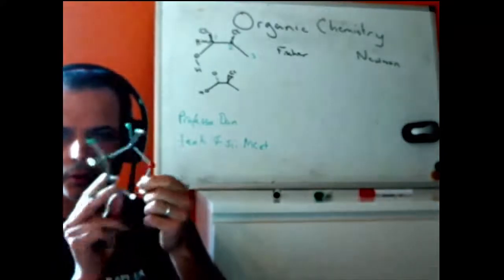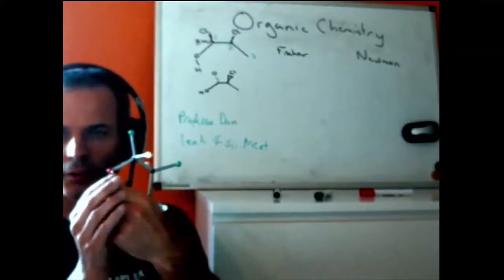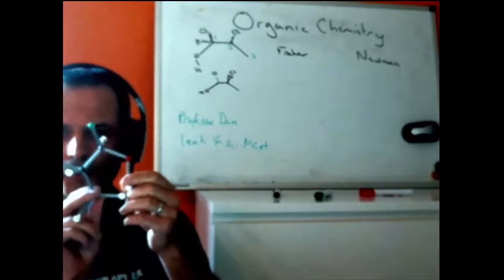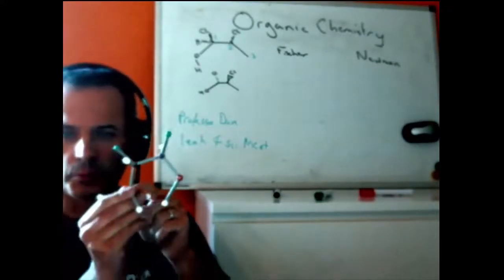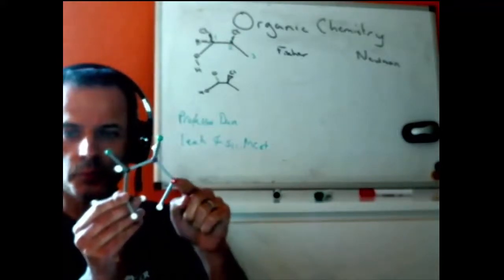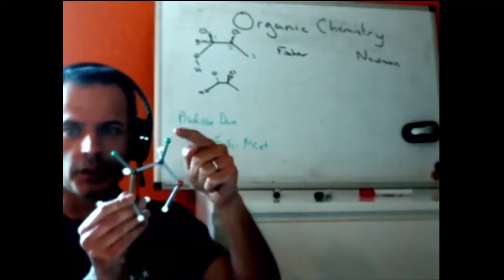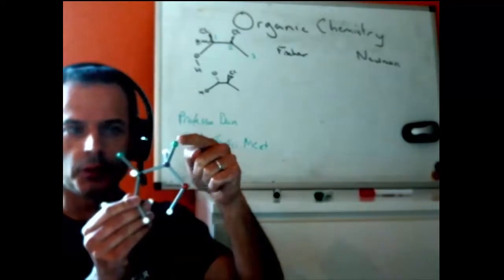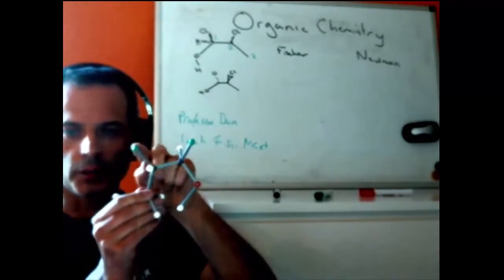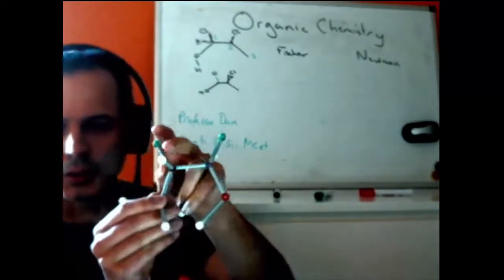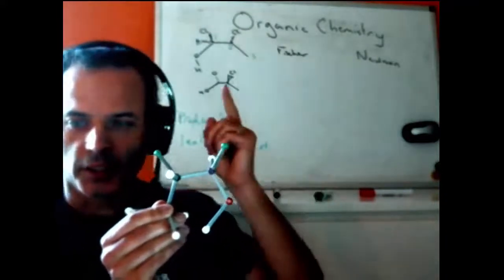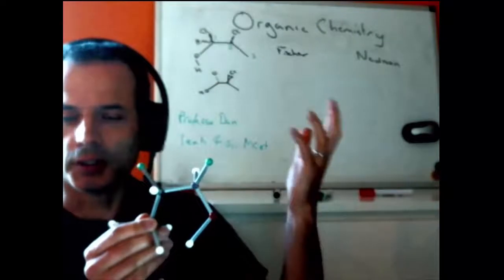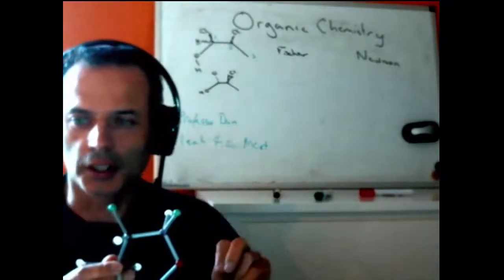If I put it to the same state for you, with this methyl group pointing down and this oxygen pointing down, you can see that this chlorine is pointing towards you, and this chlorine is pointing away from you. This hydrogen is closer to you, which makes it this isomer. It's got two chiral centers.